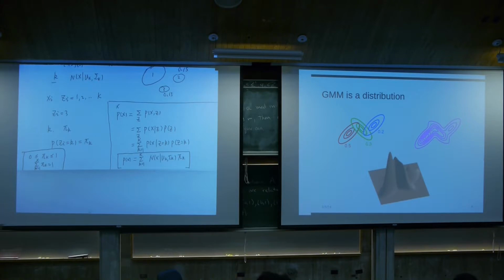If we take the mixture of them with weights 0.5, 0.3, and 0.2, we finally get a mixed distribution like the purple curve.